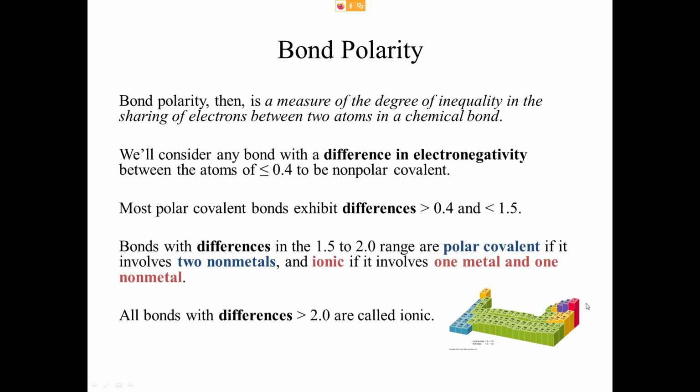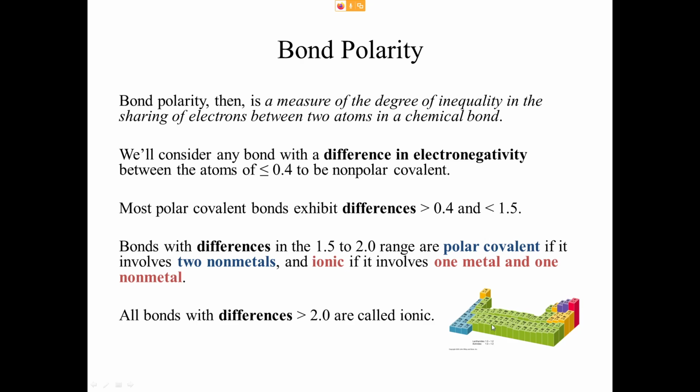If I do something like fluorine and lithium, fluorine over here, 4, and lithium of 1, that's 3.0. So I don't care if it's a metal or non-metal, that's definitely beyond 2.0, that's going to be ionic. The other one, let's do one that's in this range.